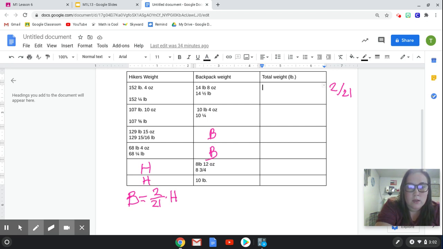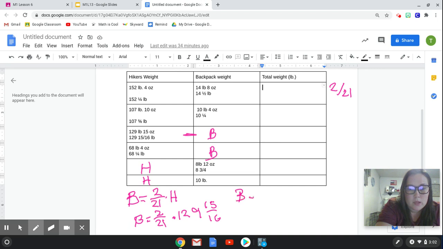So for this problem here, you're going to plug in B equals 2 over 21 times 129 and 15/16. So you'll want to convert and multiply.